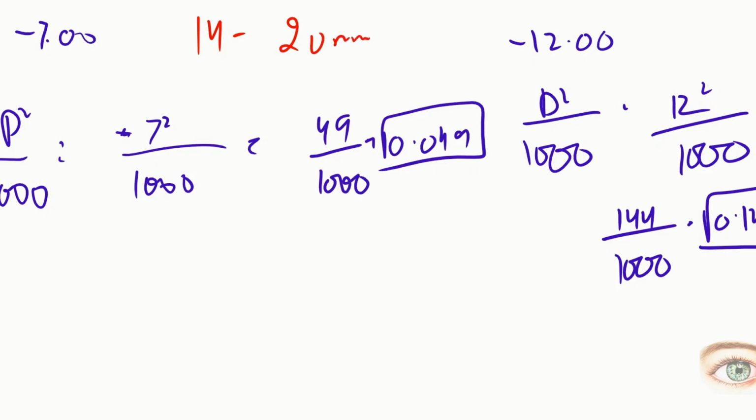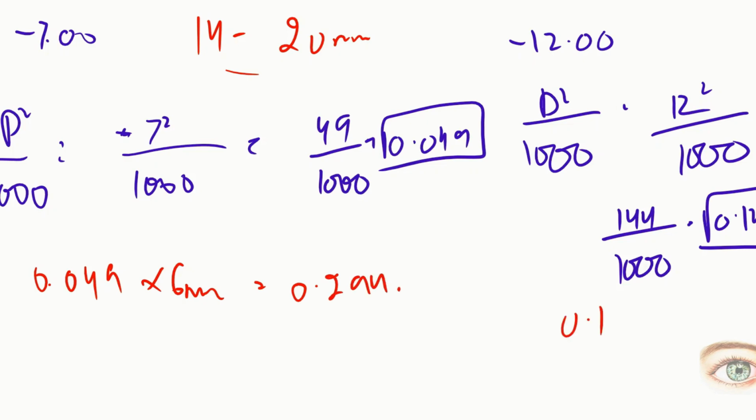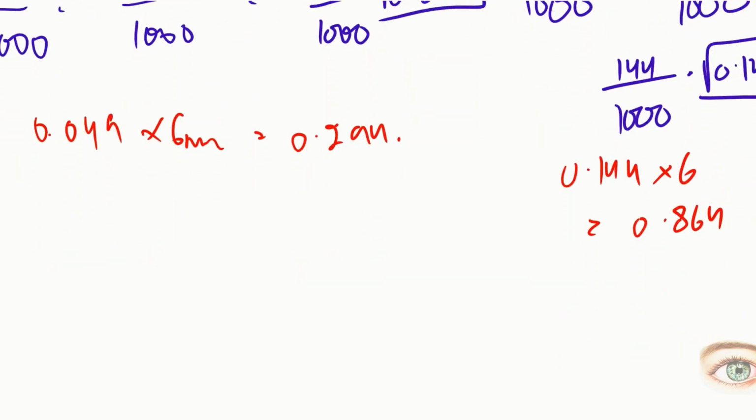We are going to keep the same scenario just for the cylinder. Now, what I'm going to do is multiply 0.049 with 6 millimeter because that's the difference between 14 and 20. I will get 0.294, right? And right here, I will multiply it with 6. It is going to make 0.864.